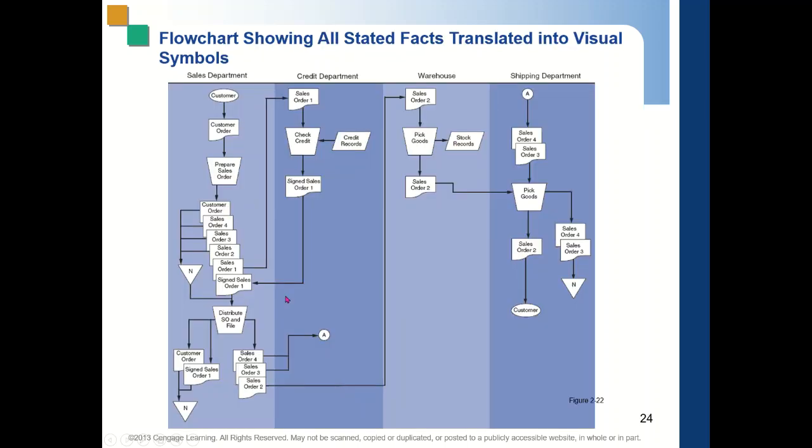Okay, and now here is a more complete diagram that tells you what happens even across departments. So it begins with the customer interacting with us through our sales department. There are things that happen. Notice now that there's a copy of our sales order 1 that goes to the credit department.